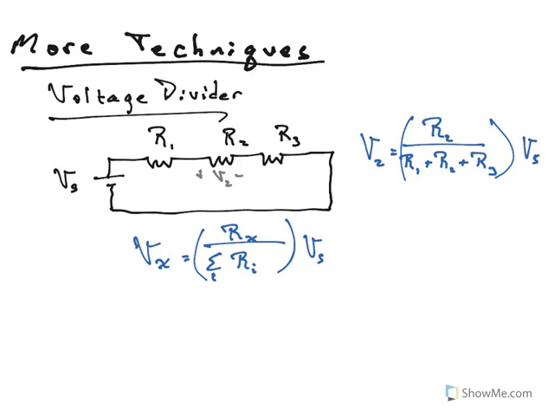And this is a much faster way of getting to the voltage drop by a particular resistor than having to go through Ohm's law and all of that. Note, of course, this only works if these resistors are in series. If they're in parallel, you can't just do this voltage divider technique and think it's going to work. It only works if these resistors are all in series with each other.